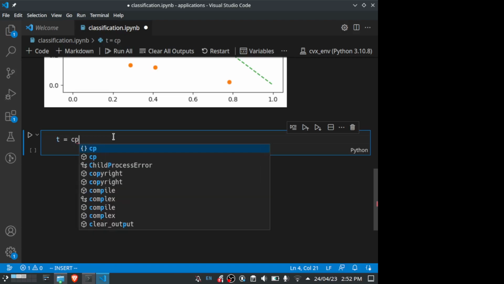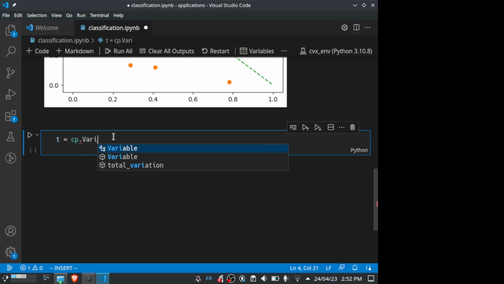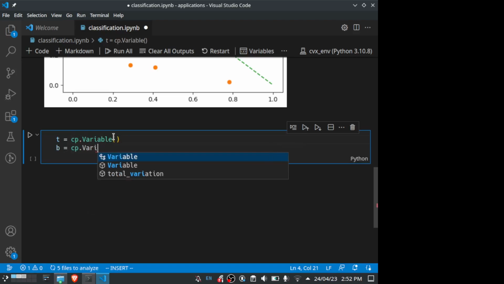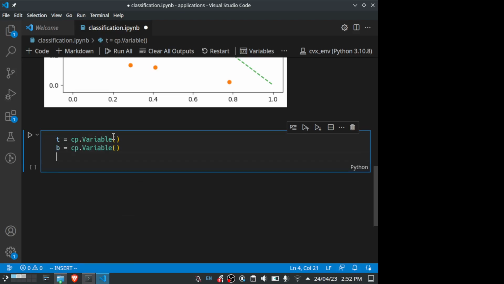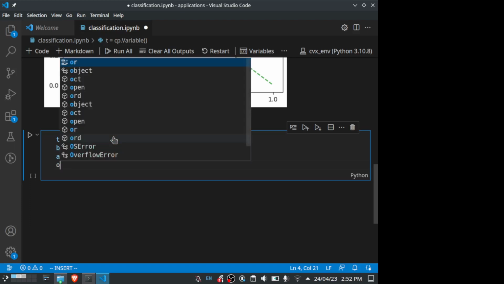So this is the variable. I have b, and a is a vector. What is my objective?